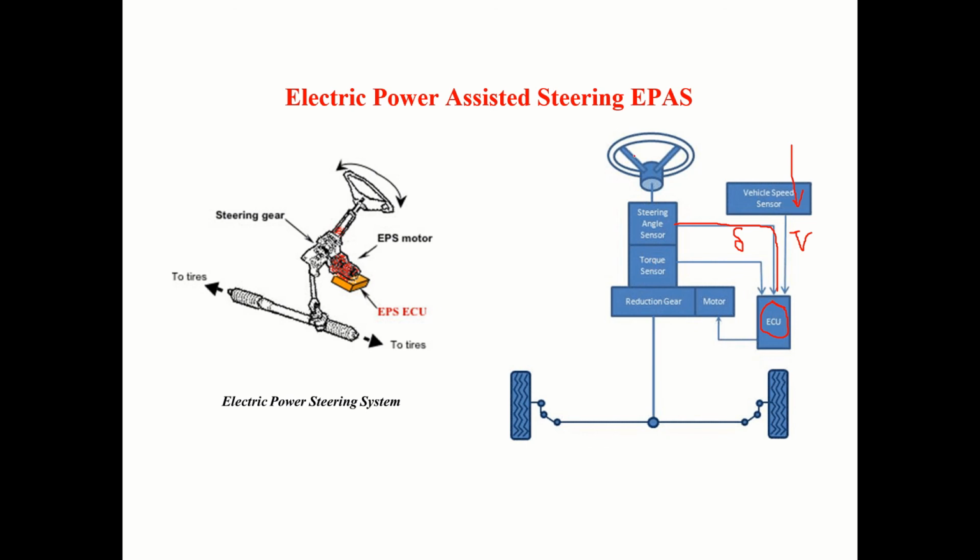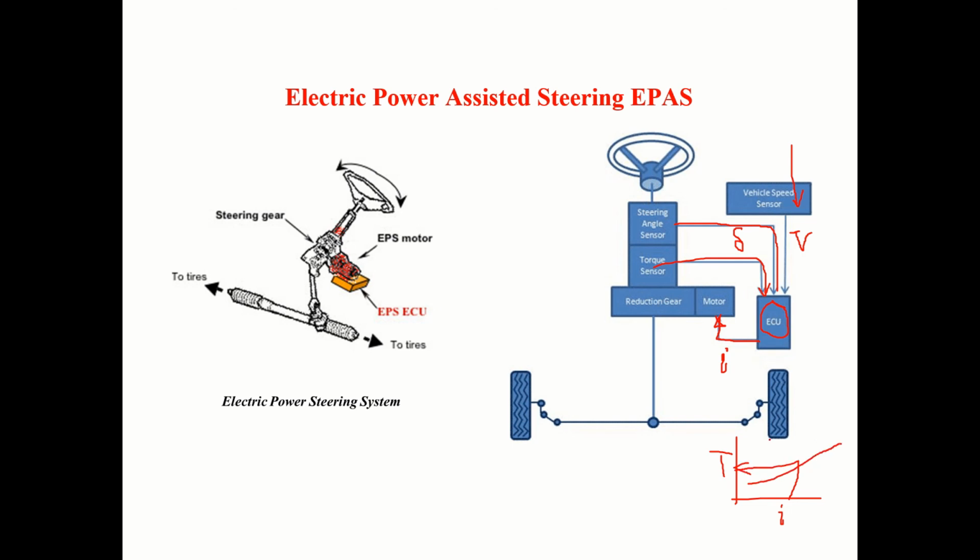Out of this torque, whatever torque is given by the driver is also given. Subtract that, remaining torque, make it to flow to the motor. That means adjust the current value of the motor, because torque versus current characteristic for the motor is available. From that what should be the torque, it will decide.